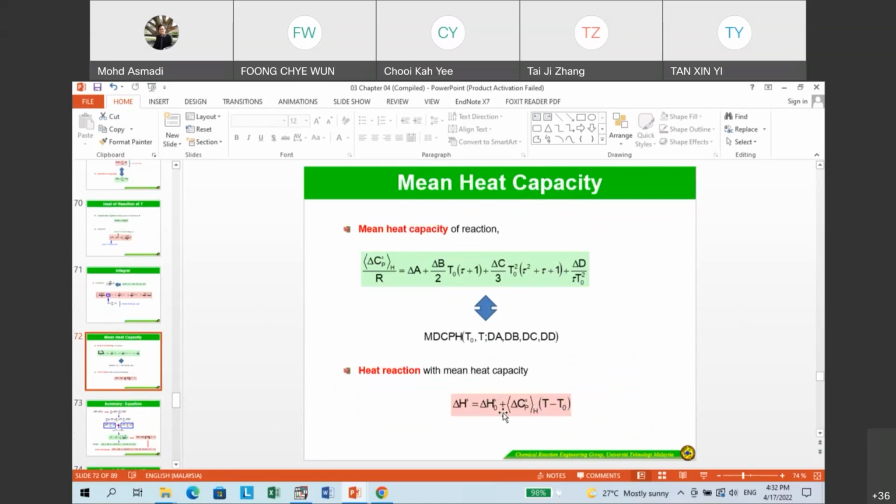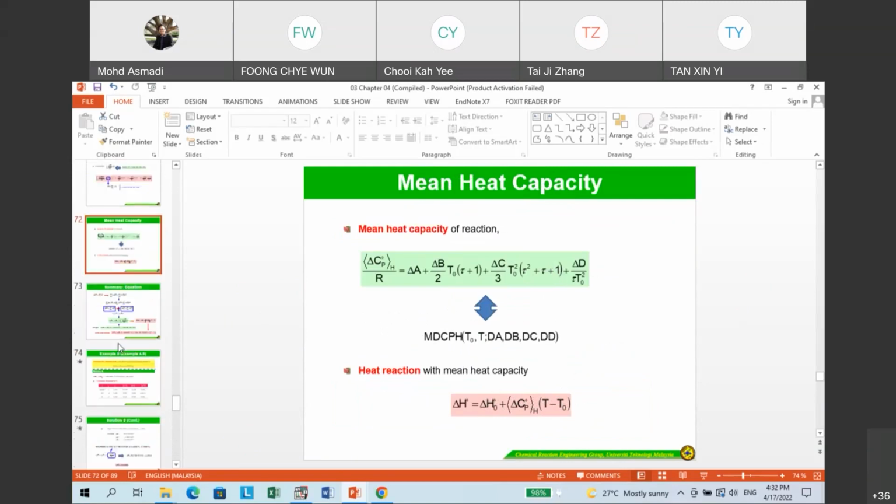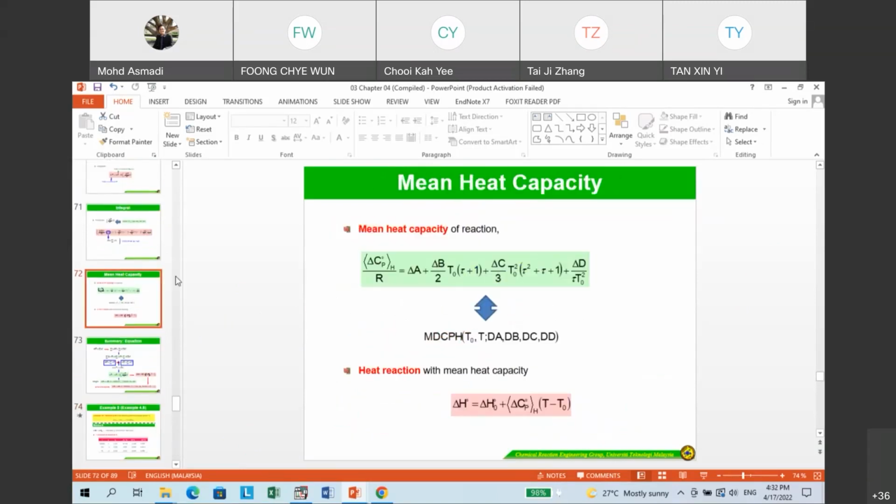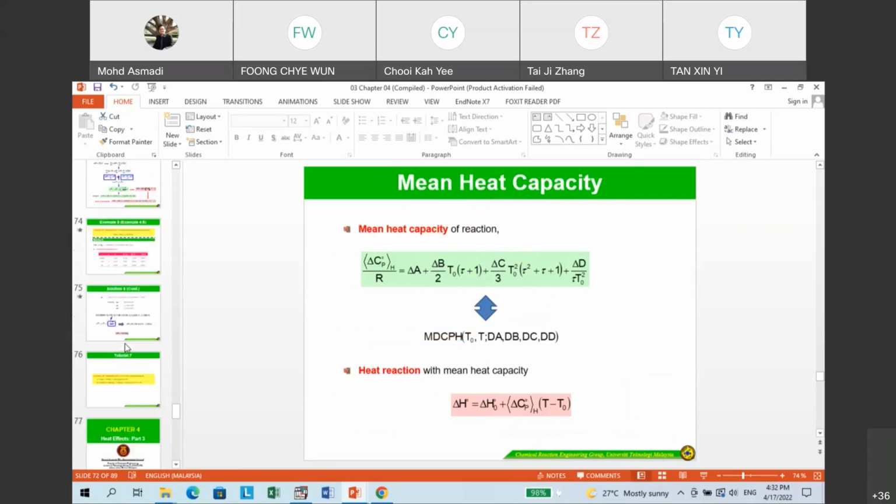You just move it to the left side. I use this one. I think it's similar.